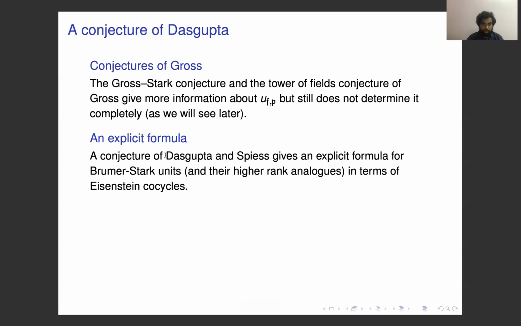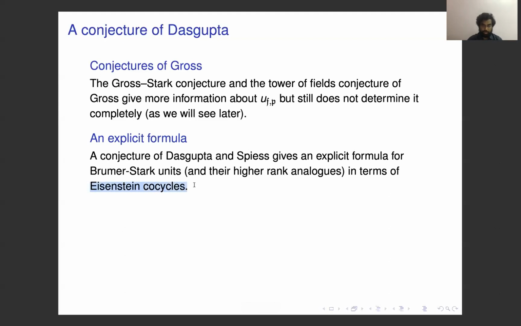But remarkably, Dasgupta and, generally, Dasgupta and Spiess gave an explicit formula for the Brumer-Stark units, and also their higher rank analogs, the Rubin-Stark elements or the Brumer-Rubin-Stark elements as they are called, in terms of what are called the Eisenstein co-cycles.